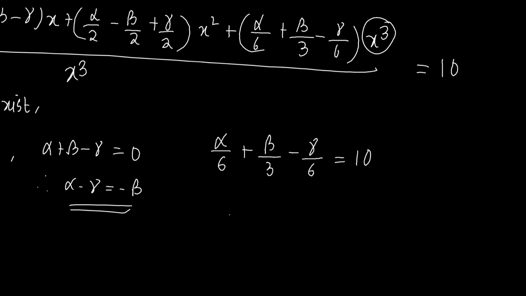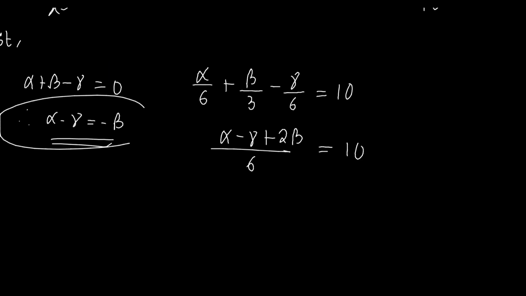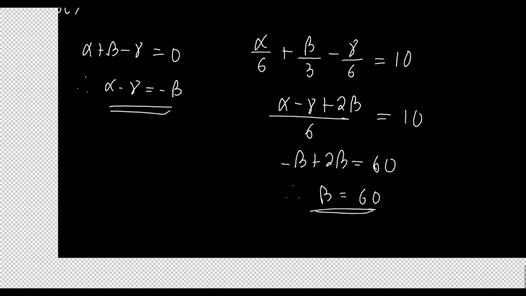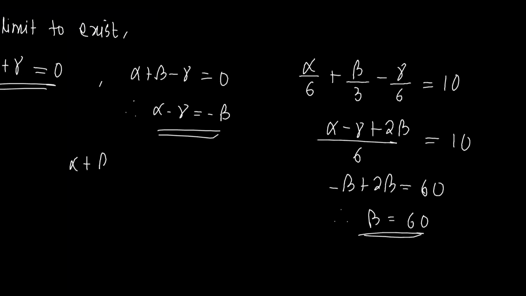So it will be 6 into alpha minus gamma plus 2 beta, that is 10. So alpha minus gamma we have got, that is minus beta. So it is actually minus beta plus 2 beta is equal to 60. So from this what we get, beta is equal to 60. Okay, so what is the value of alpha plus beta plus gamma?